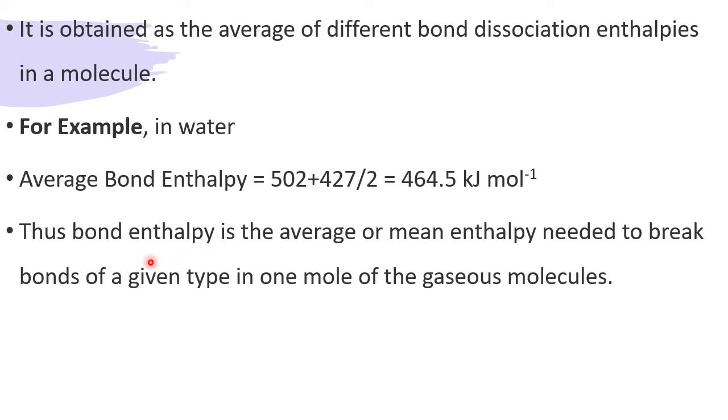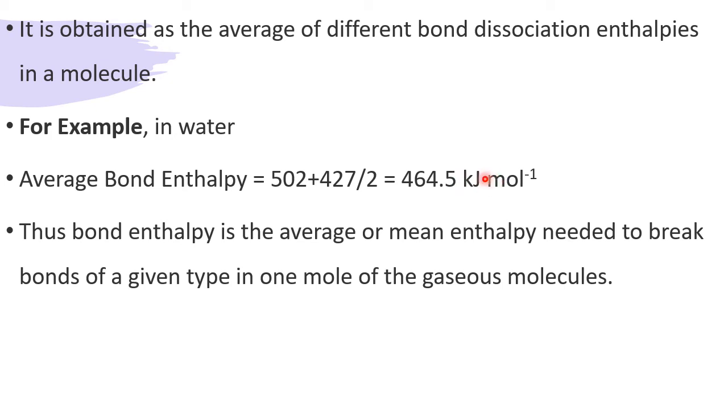Thus, bond enthalpy is the average or mean enthalpy needed to break bonds of a given type in 1 mole of gaseous molecules. That means to break the OH bonds in 1 mole of water, we require 464.5 kilojoules of energy. That's why it is called 464.5 kilojoules per mole. This is the average.